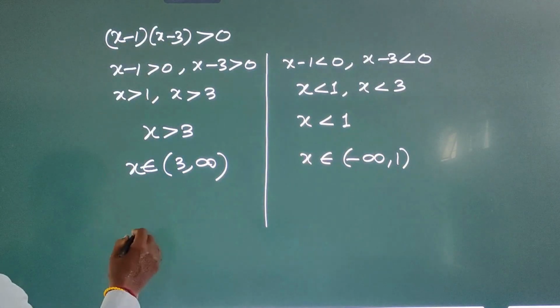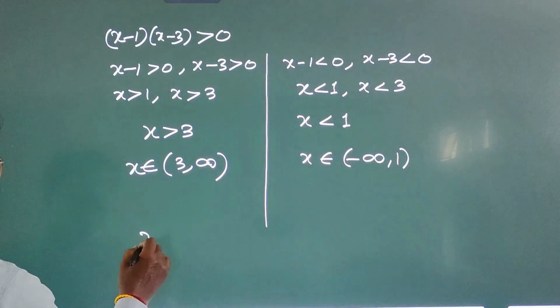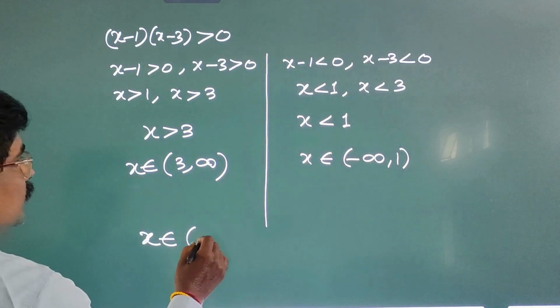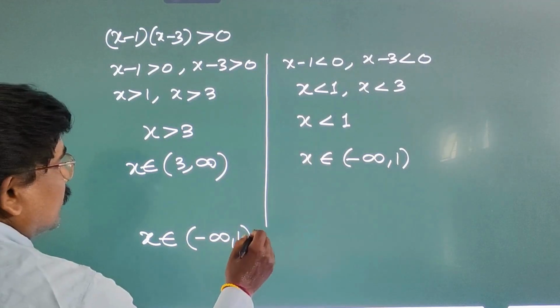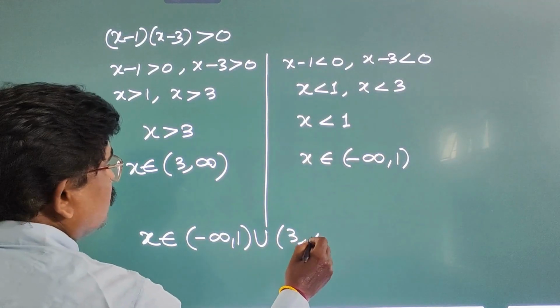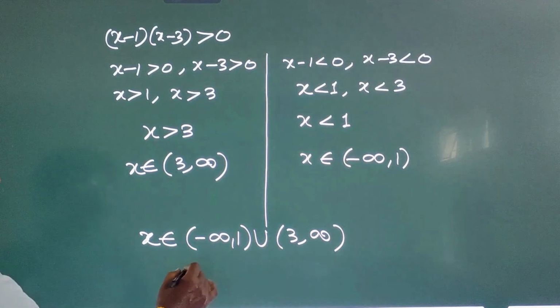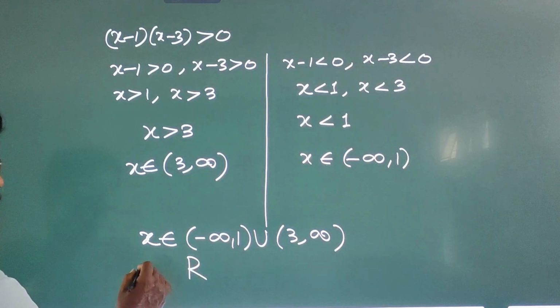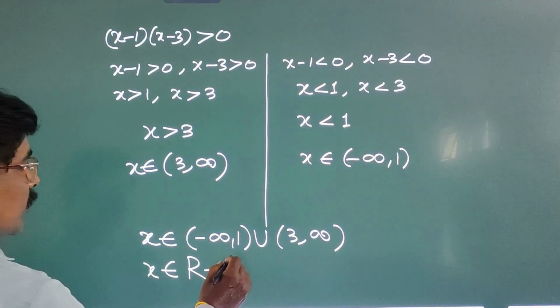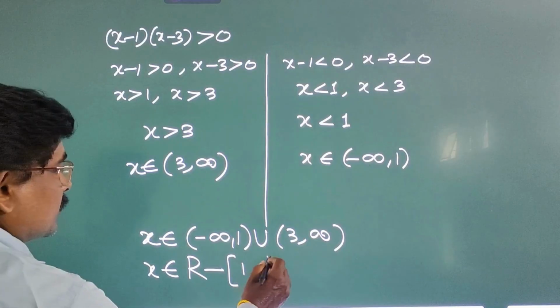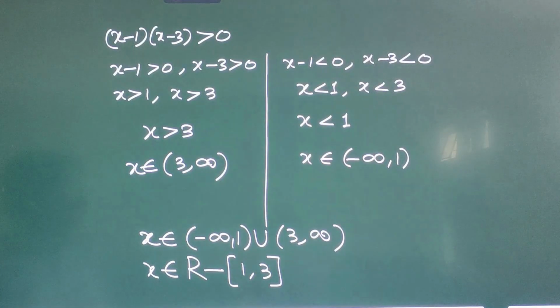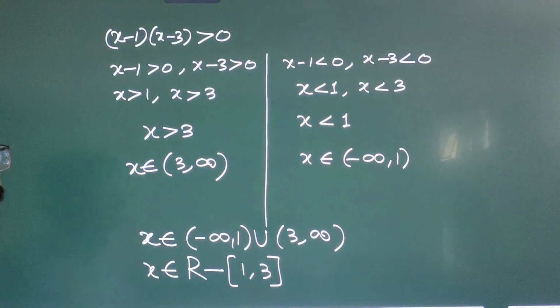Therefore, from this you can express that x belongs to minus infinity to 1 union 3 to infinity. This is the domain of the given function, or x belongs to real numbers minus the closed interval 1 comma 3. Therefore, this is your answer.